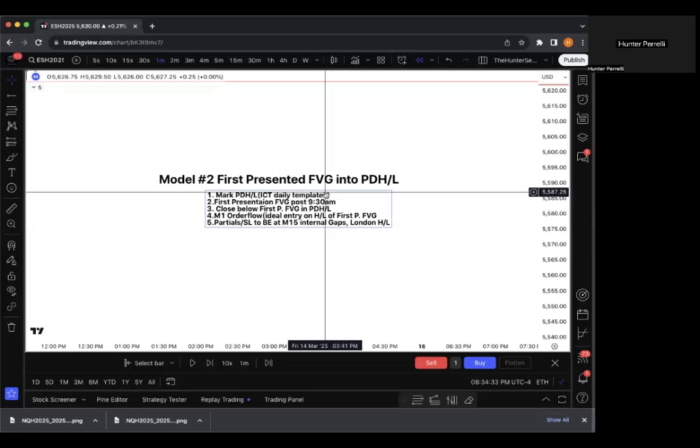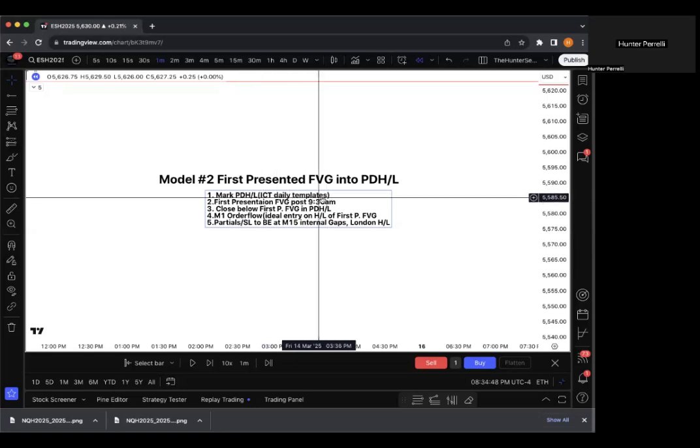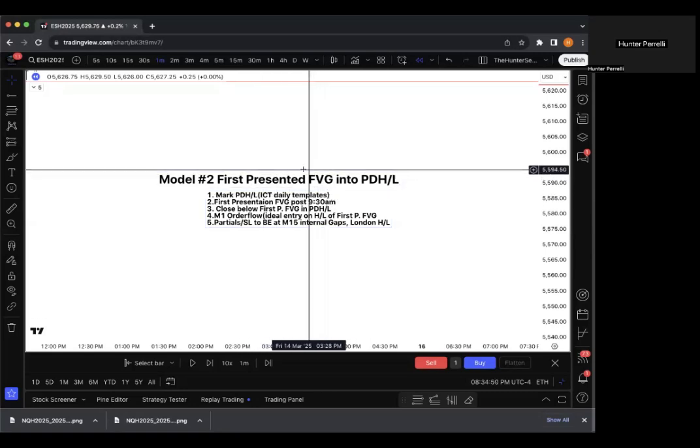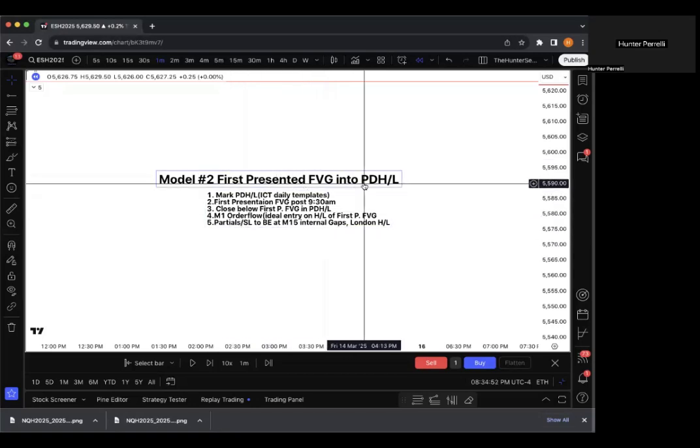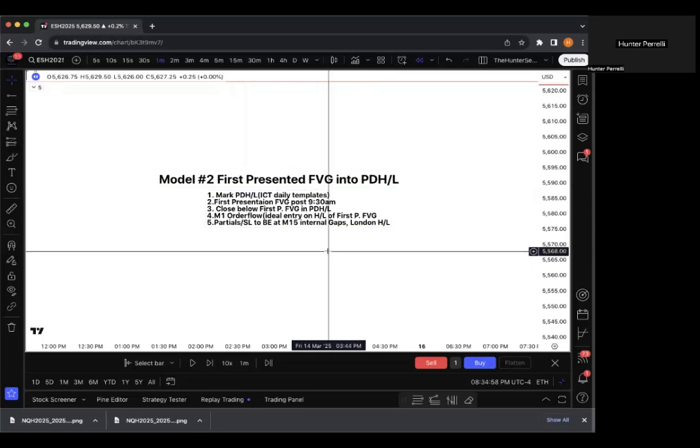First, if you have not already, you should know some of the ICT daily templates. He's provided these. You go back, I believe it was in the core content months on his YouTube. Go back and reference all of these because this is what I use, like a Tuesday reversal, a Thursday high of the week type of idea. It gives you some sort of framework.